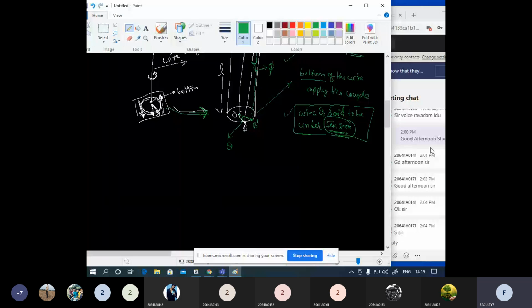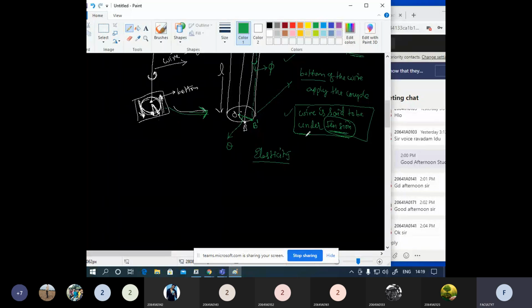Now, what is the concept? Previously we had explained the concept of elasticity. What is the meaning of elasticity? This particular wire which is under tension will try to come back to its original position. So there will be a restoring couple that will act in the opposite direction.